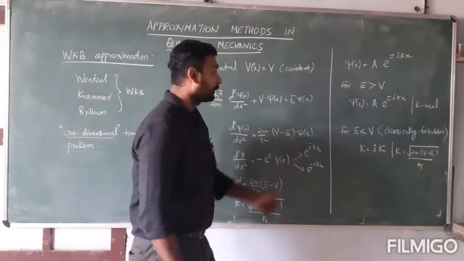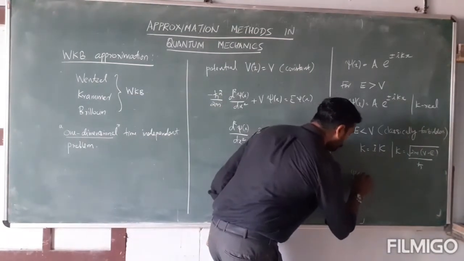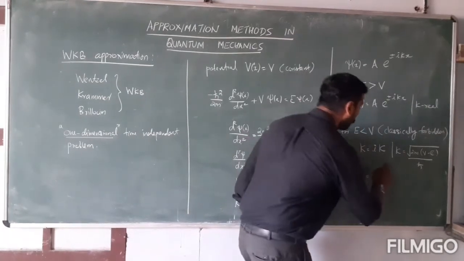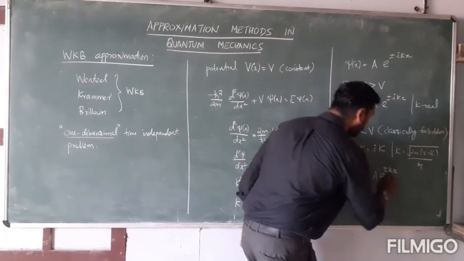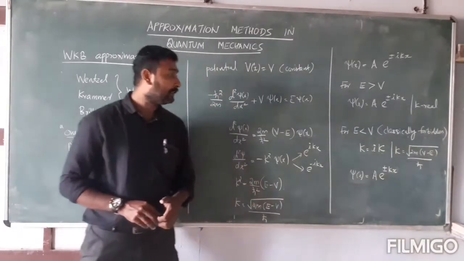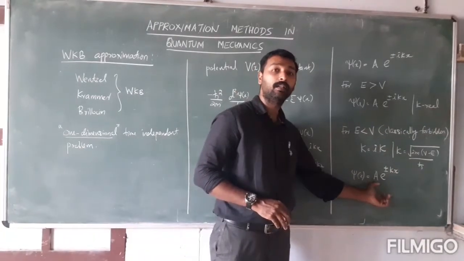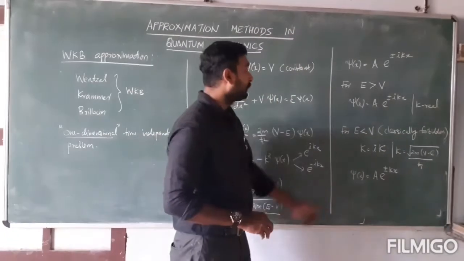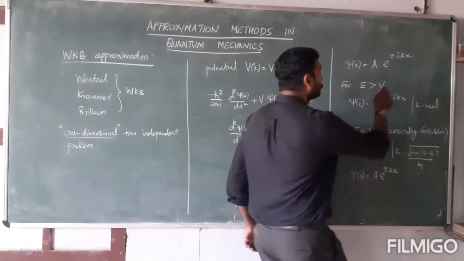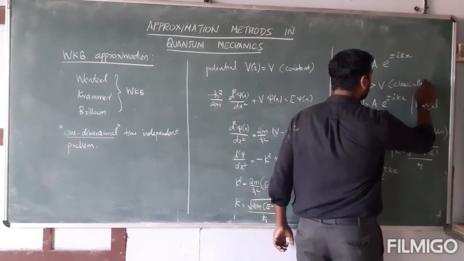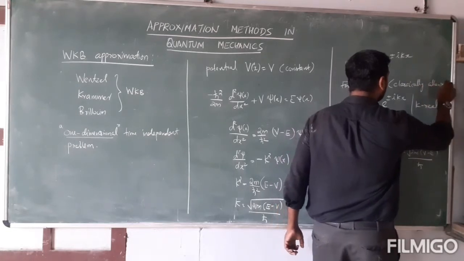So then I can write my psi of x, that will take the form A into e raised to plus or minus kappa x. So that means for the energy less than V, that is the classically forbidden region, the wave function will become exponential. And this is the classically permissible region, so this is the allowed region, classically allowed.